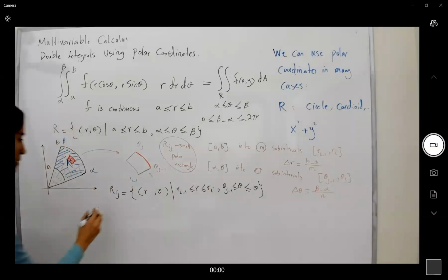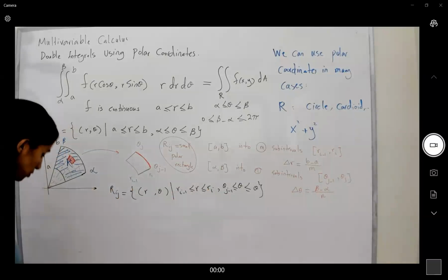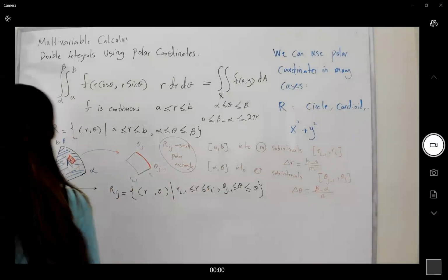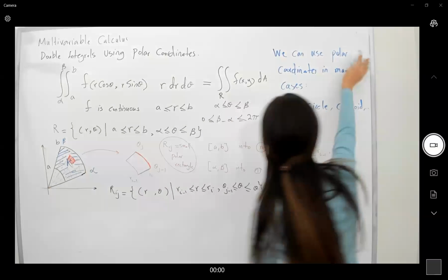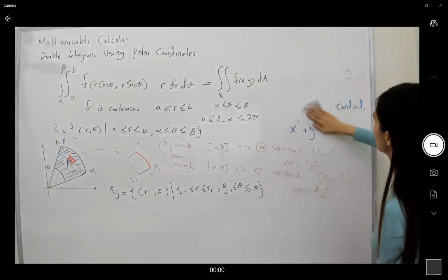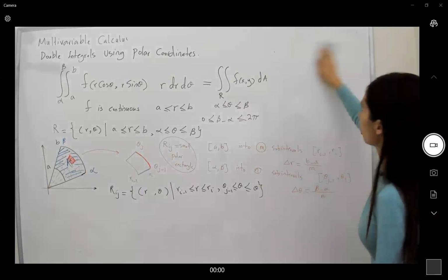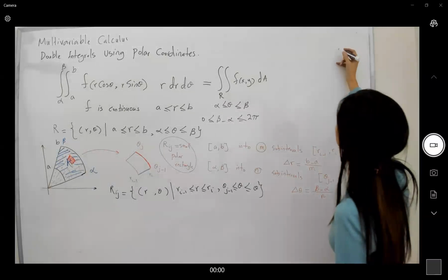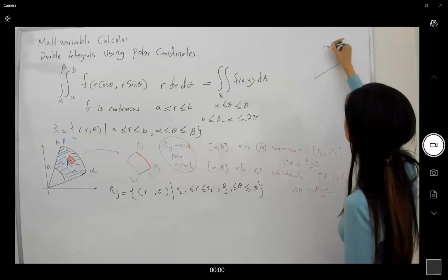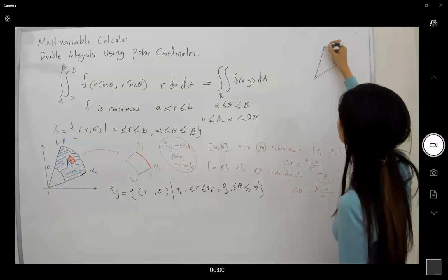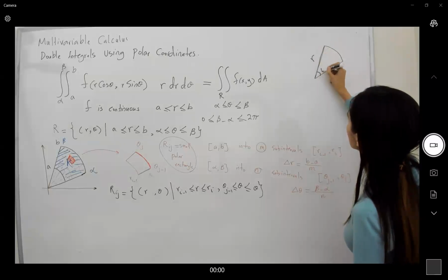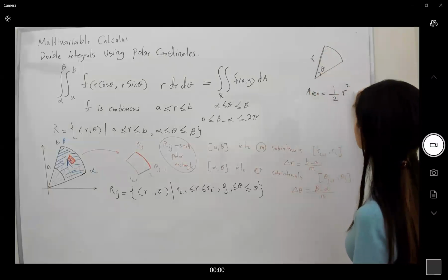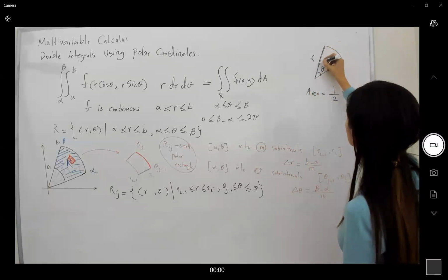So recall from algebra, from pre-calculus, that if you have a sector of a central circle, where the radius is given and you have your theta, then the area is equal to a half r squared times theta.